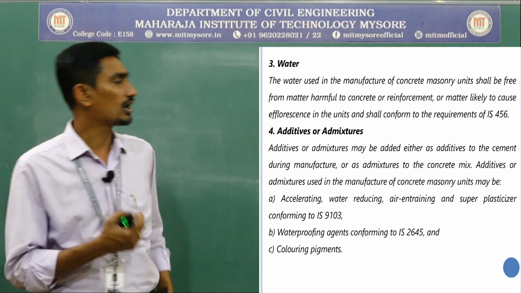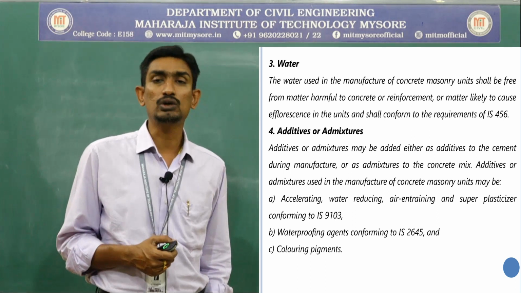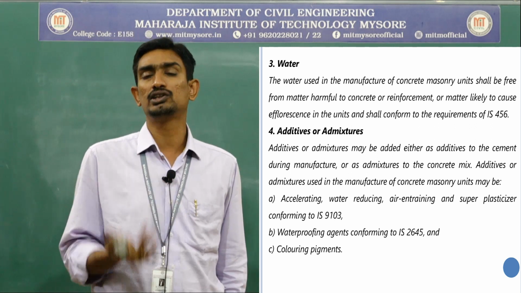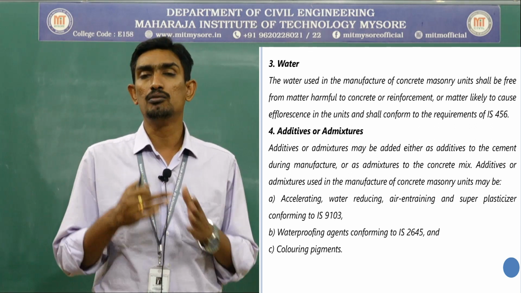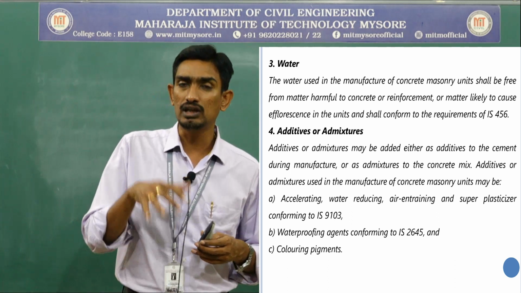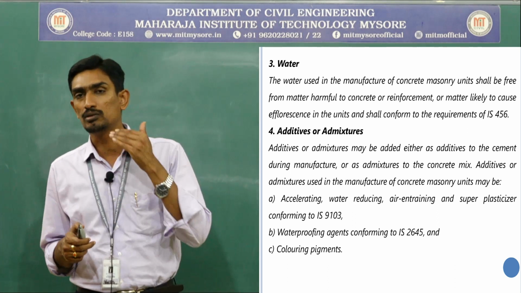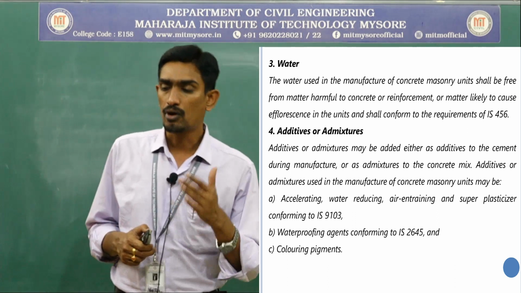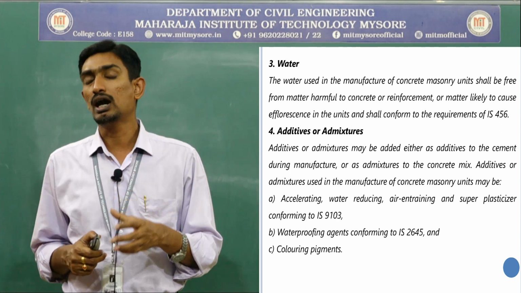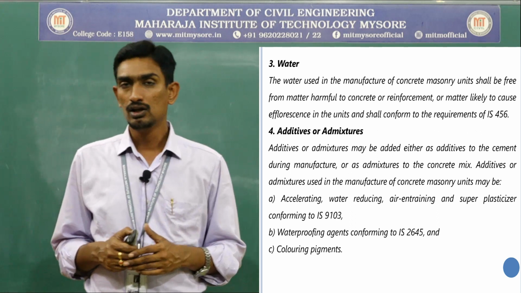Next is additives or admixtures. Why am I going to add these admixtures? In order to make the concrete more plastic and give it more flow, so that I can mix the concrete block easily, these admixtures will help. The second thing is that we can minimize the water content. Why?